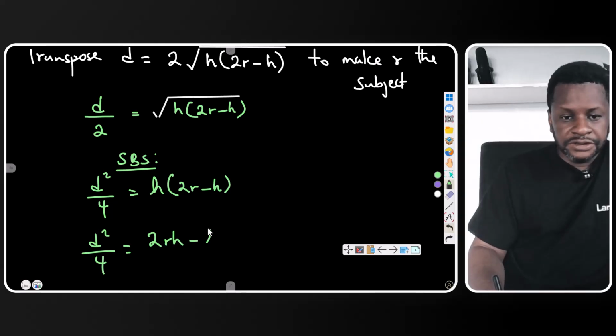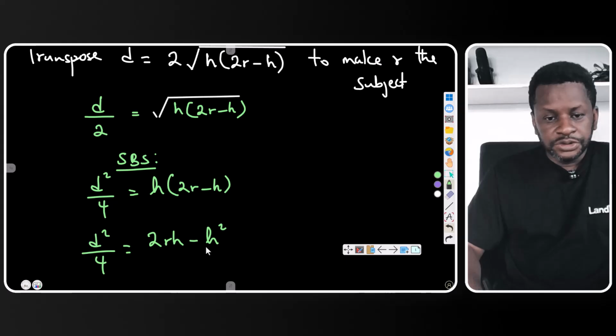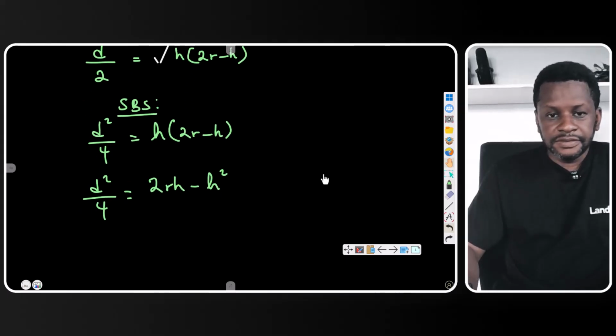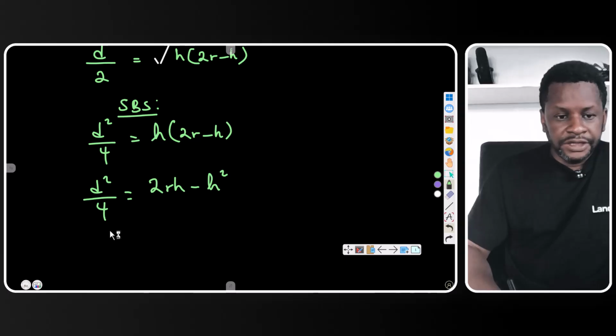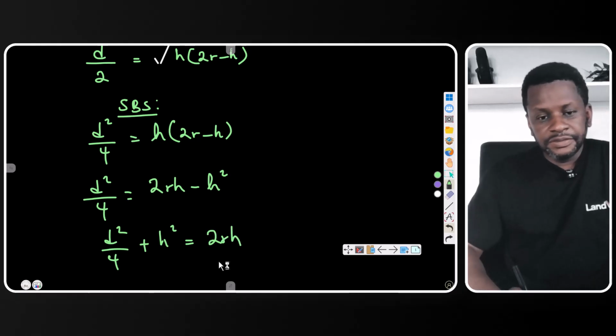One thing you could do is add h squared on both sides, and that will be d squared over 4 plus h squared equals 2rh.